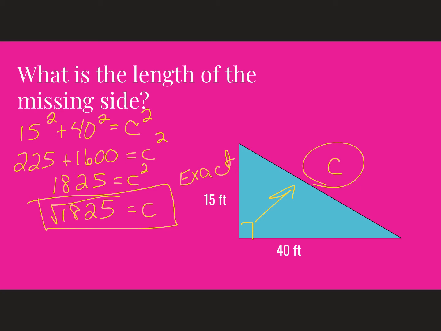If you put that into your calculator, we'll find out that the square root of 1825 is 42.72. Is approximately equal, that's what those little curvy lines mean, to c. That's our approximate answer, and we just put it into our calculators and round to the hundredths place.